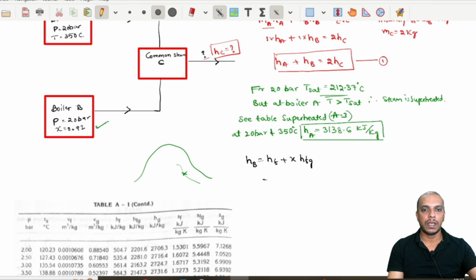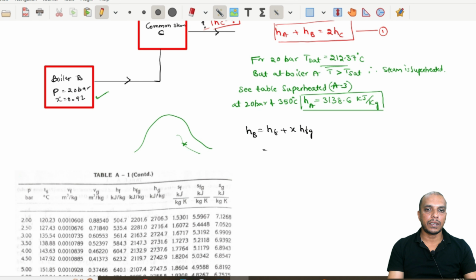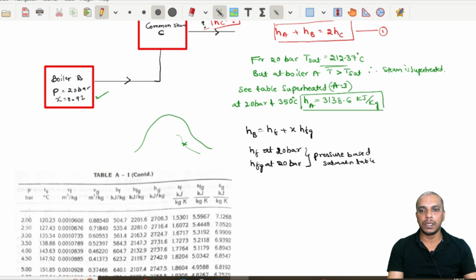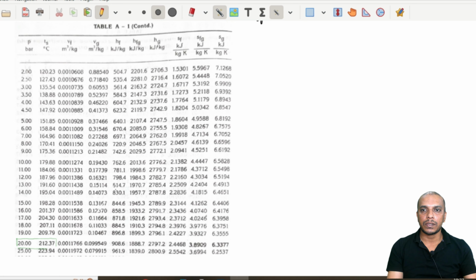HF is at the same pressure, 20 bar, and HFG also should be noted down at 20 bar. This is the pressure based saturation table, because we are talking within the vapor dome. In the BT Nijaguna data handbook, this is table A1. So I will go to 20 bar and note down HF and HFG.